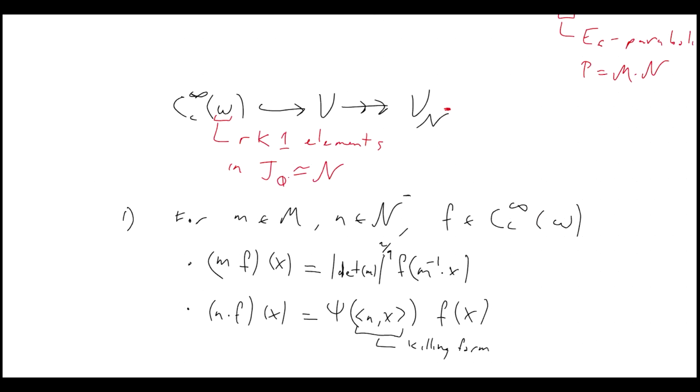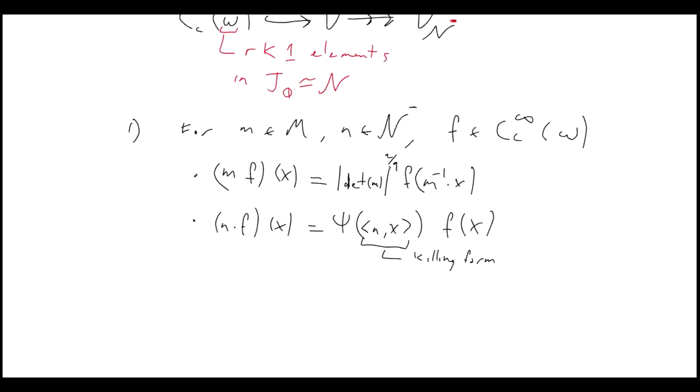And when you identify, right, this will become relevant later, when you identify the Jordan algebra with N and N minus via the trace pairing, then this is just the trace of the product.